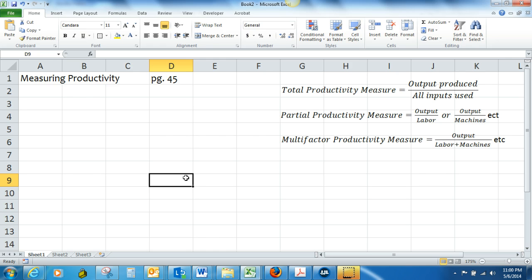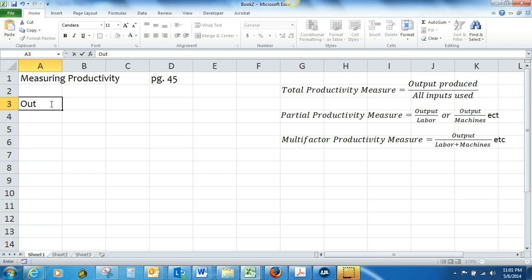We're going to be using the example that's given to you in your book, and this example is started on the top of page 45. It says, the weekly dollar value of a company's output, such as finished goods and work in progress, is $10,200. So we're just going to be typing this in here in Excel.